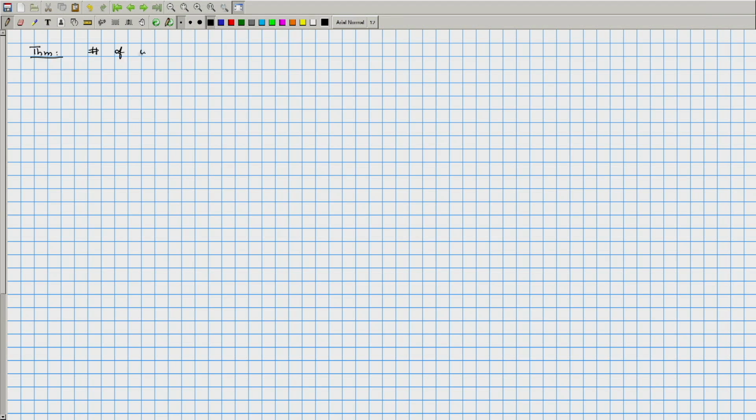Number of weak compositions of n into k parts is n plus k minus 1 choose k minus 1. This is also equal to n plus k minus 1 choose n. Okay. So, now we are in a position to count the number of compositions.